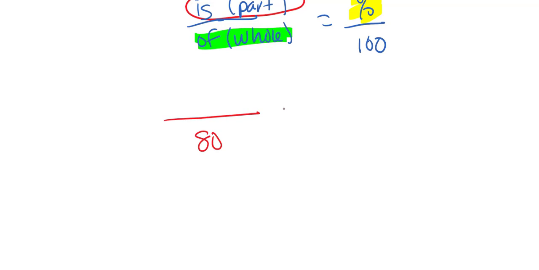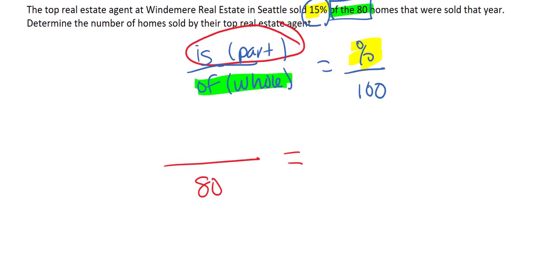So if we plug in these values, let's put x for how many houses they sold. That's what we're solving for. How many did they actually sell out of the 80? And that's going to be equal to 15 over 100.